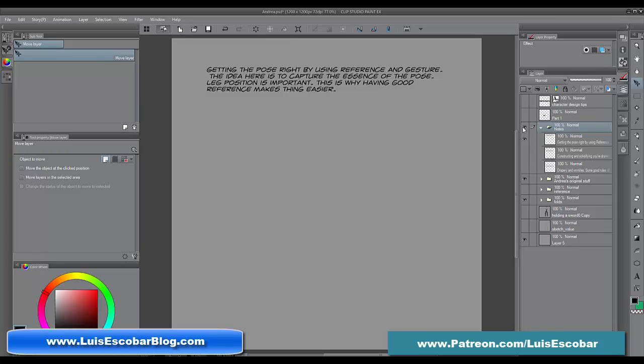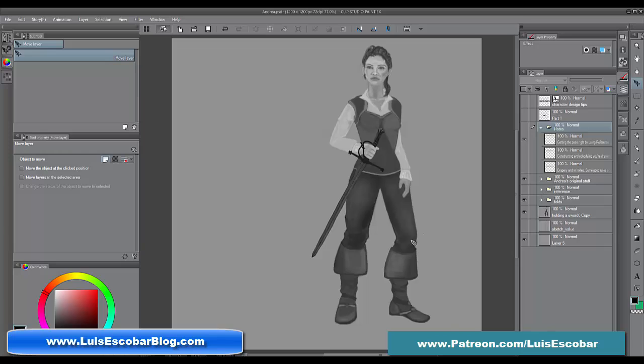One of the questions that Andrea had was on this character's legs. She was told by someone looking at her character design that the legs were too many degrees apart, like this knee and this knee were like 90 degrees when they really should be about 60. And yes, that is true.